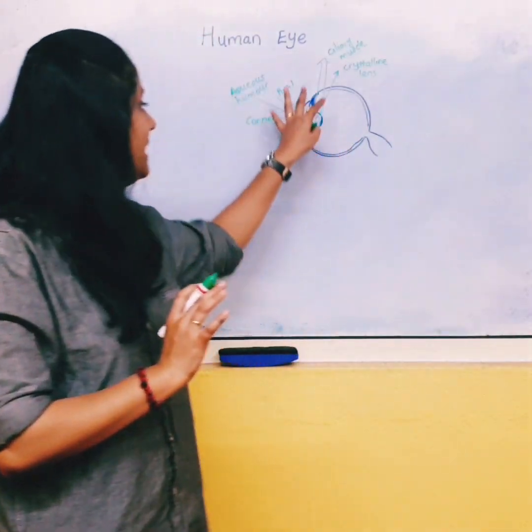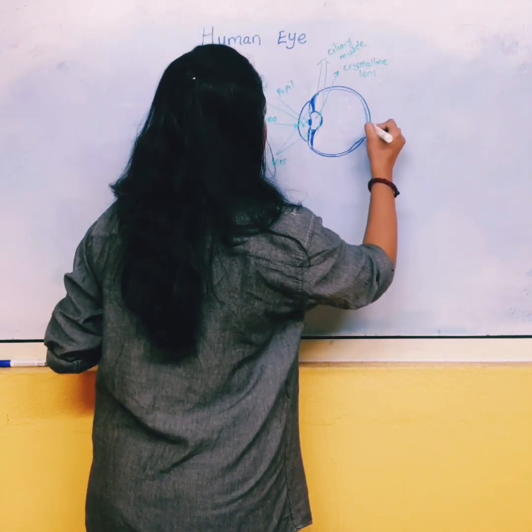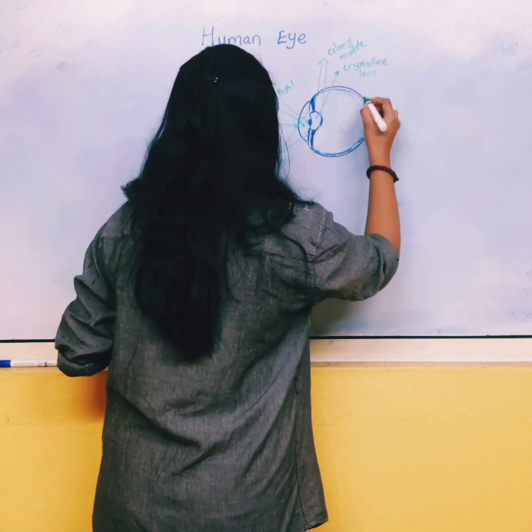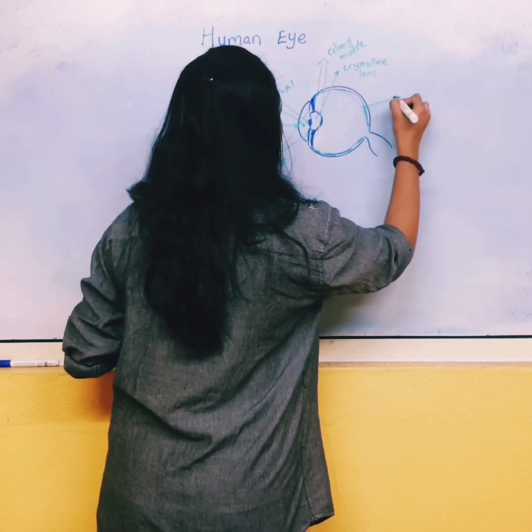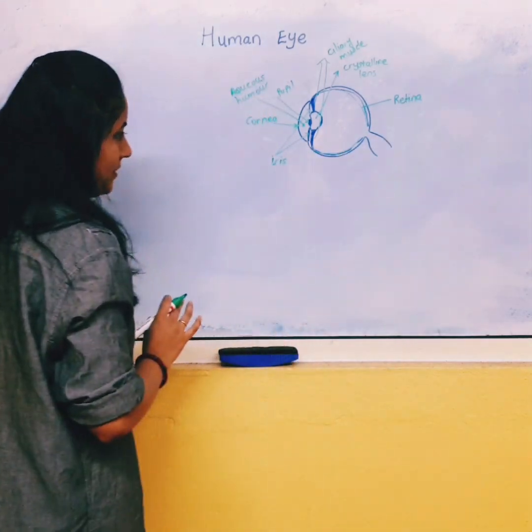So here inside our eye, this entire surface acts as our screen, and it is known as the retina, on which all the images are formed.